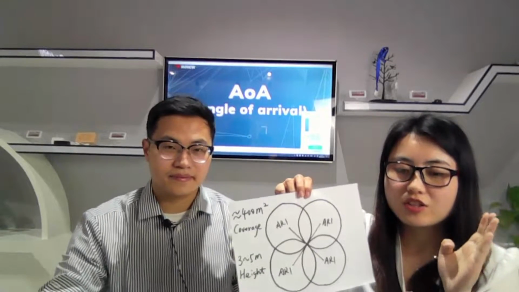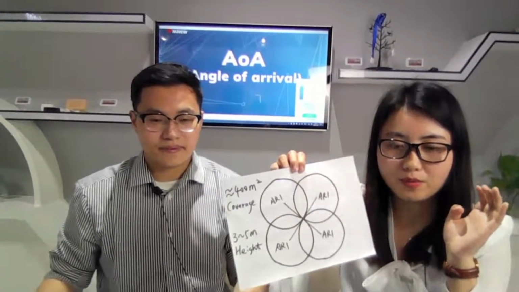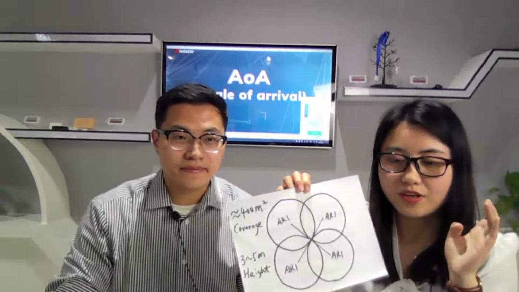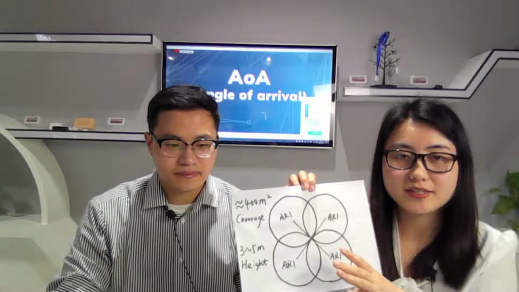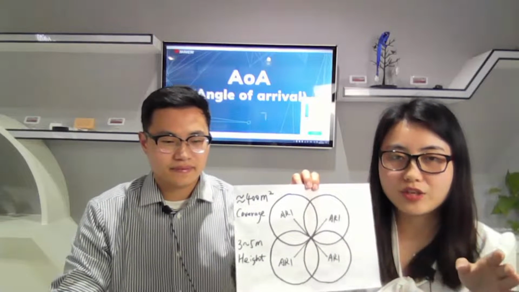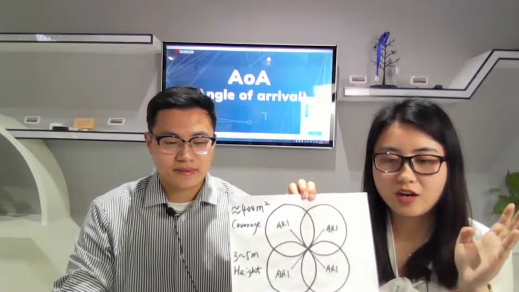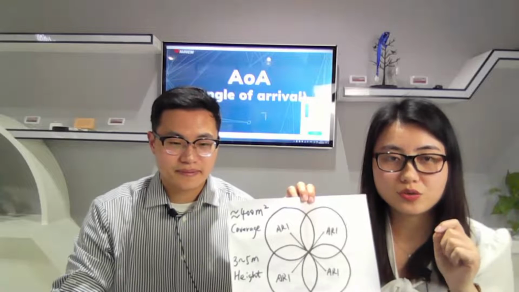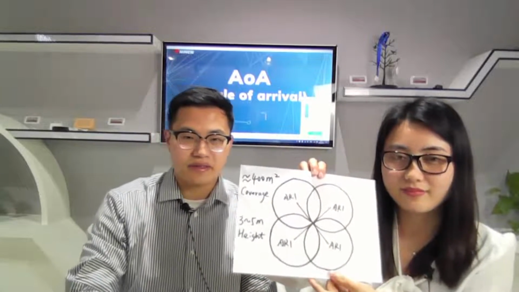You need to know that 400 square meters is just a little bit smaller than the area of a basketball court. If there are 4 G2 gateway kits, the coverage will be around 1,600 square meters. That's 4 kits.